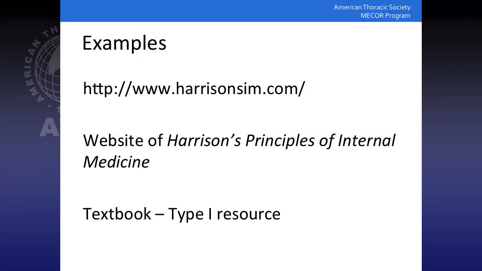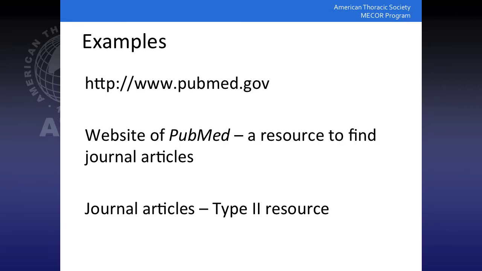So let's have some examples. This is the website of a textbook, Harrison's Principles, and that's a type 1 resource. So if you need some basic information about a topic, these are the kinds of resources you go to. This is the website of PubMed, where you're going to locate journal articles. Journal articles are type 2 resources.